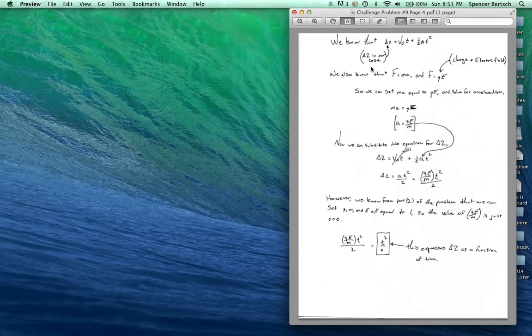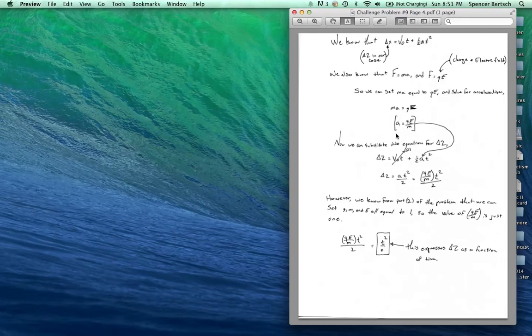We know, again from 207, that delta x is equal to velocity initial times time plus 1/2 acceleration times time squared. We also know that F equals ma and qe, which is from last semester, because this is the charge q times the electric field.